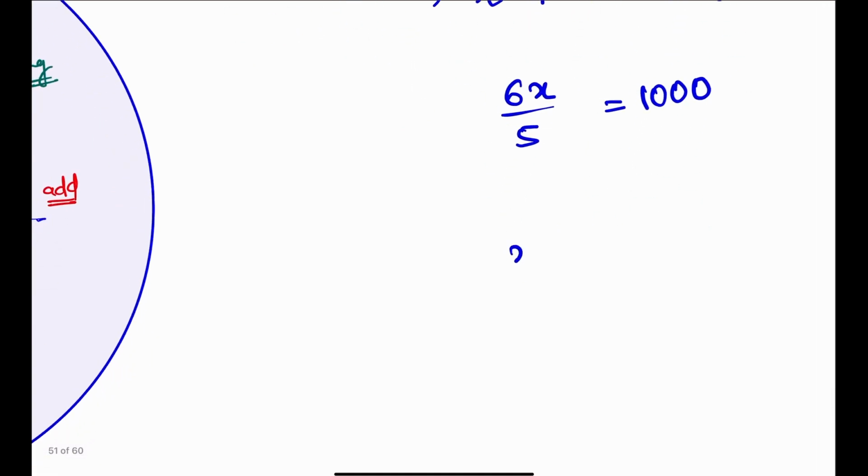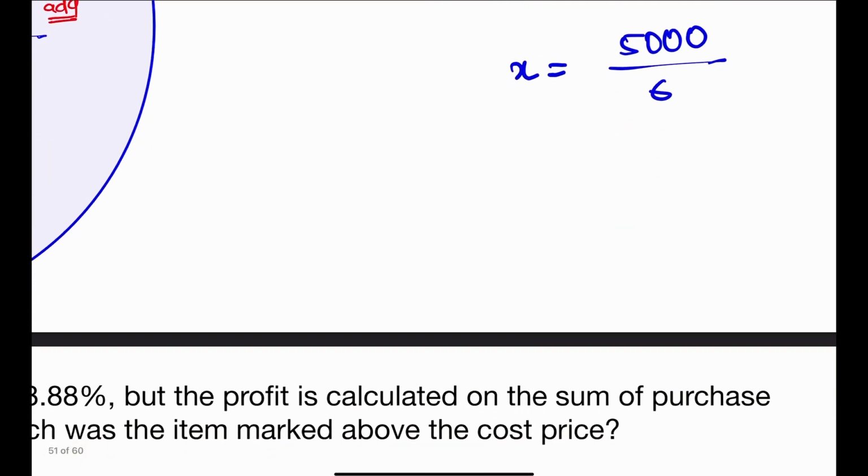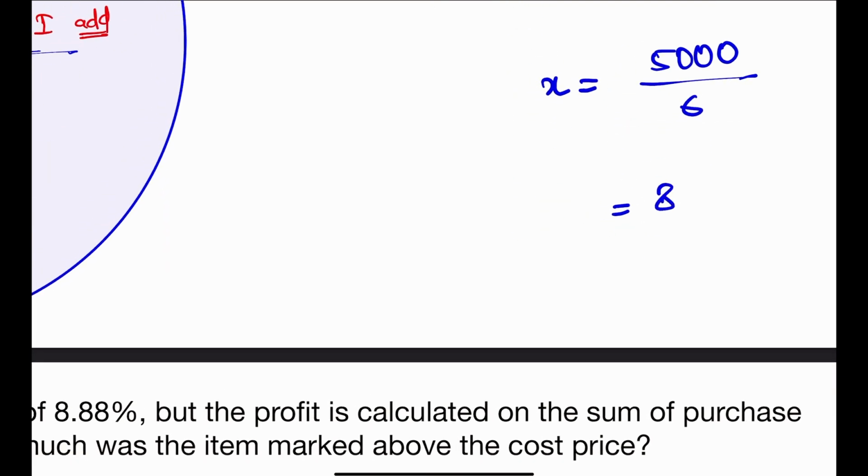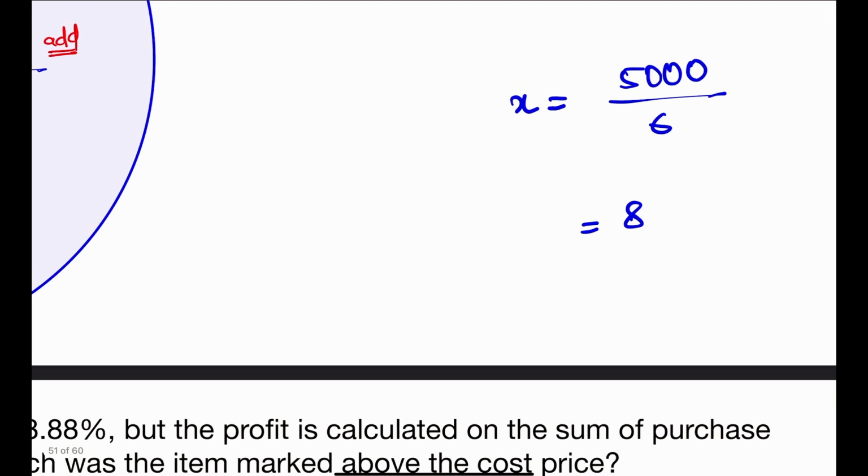So my x will be equal to 5000 upon 6, so that will be how much? 6 8s are 48, 20, so 6 3s are 18, then again 20, so 3.